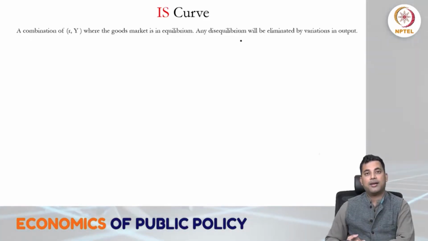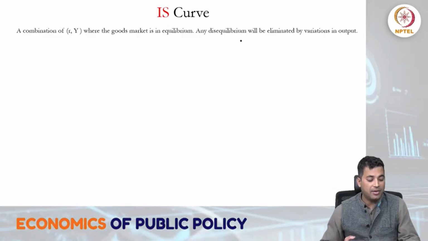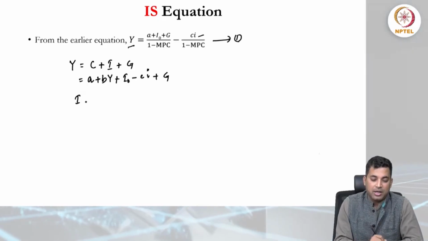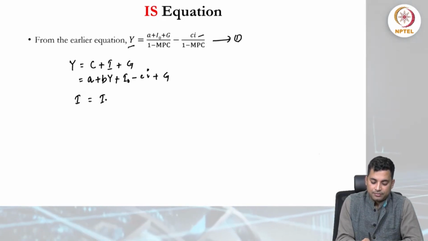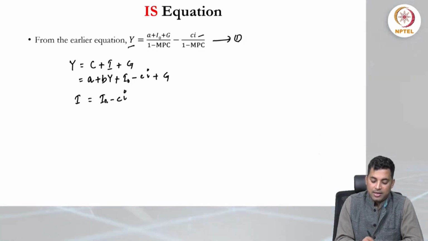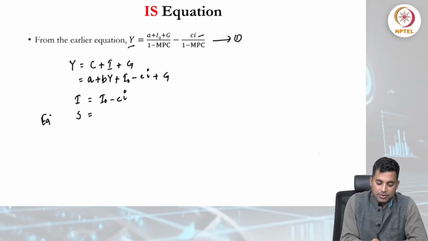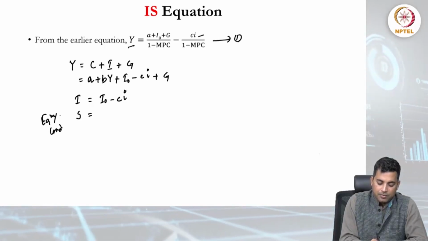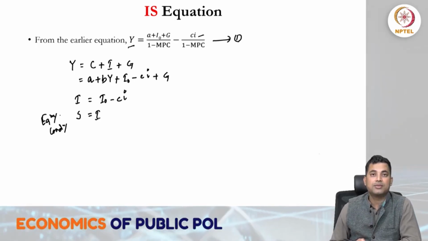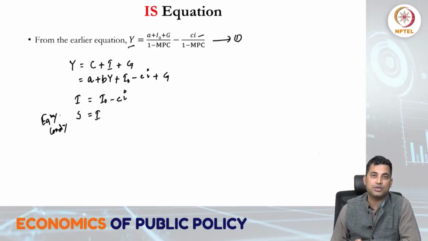Now how does the ICE curve look? One more point I would like to reiterate in the context of the ICE equation. We already know the investment equation, I naught, which equals y naught and small c i, and we know the equilibrium condition where S will equal I, meaning whatever amount of savings households make needs to be invested.